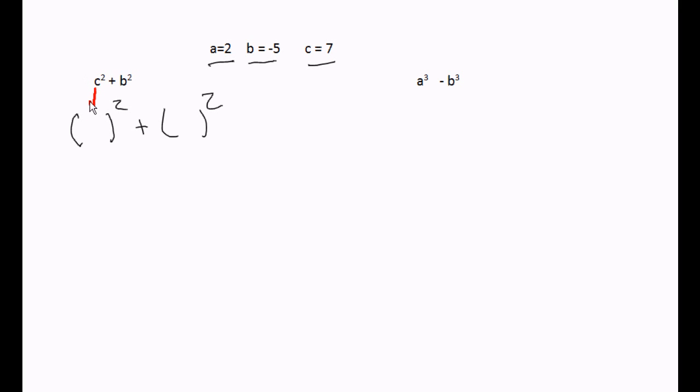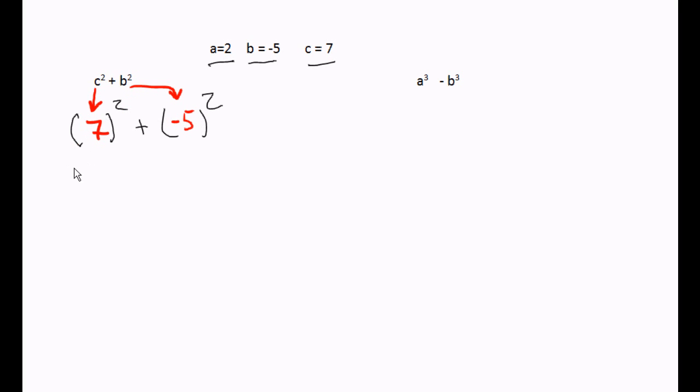Put the correct number in the correct parentheses. C is 7, and B is negative 5. Then do the math using order of operations. Order of operations says do what's inside the parentheses. Nothing's inside the parentheses to do.